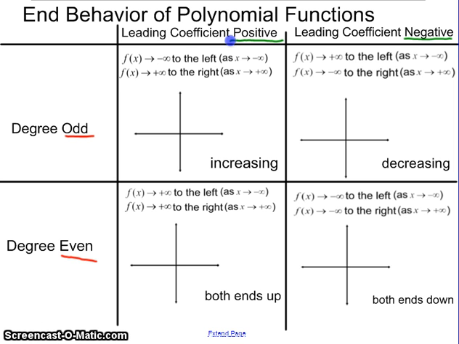Okay, so let's start with a degree odd polynomial where the leading coefficient is positive. The degree odd polynomial always has one end up, one end down.